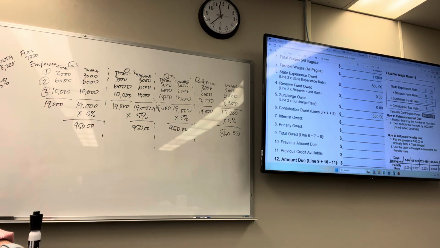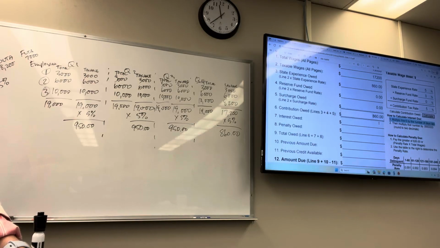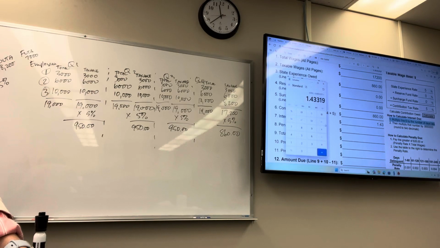To calculate the interest due, multiply line 6 by the number of days late. All right, so 860, 5 days late, 4,300. Multiply that number by 0.0003333, which gives $1.43. So we've got $1.43 in interest. What is that annual rate?